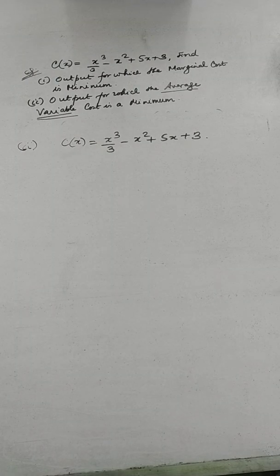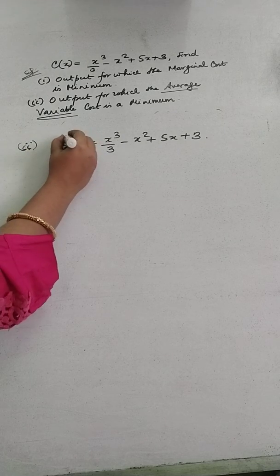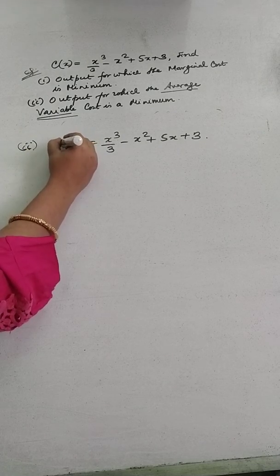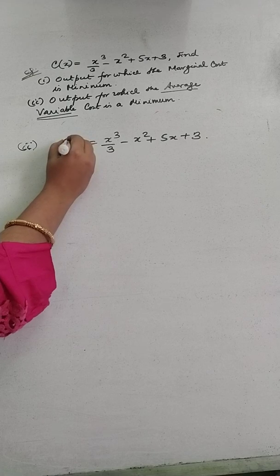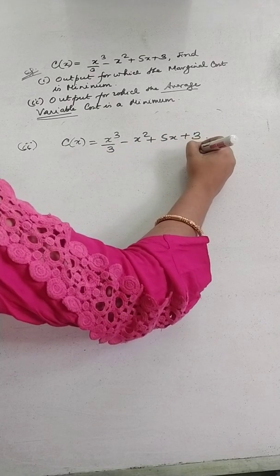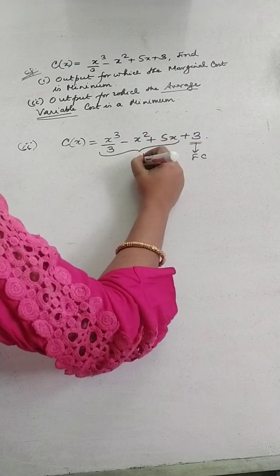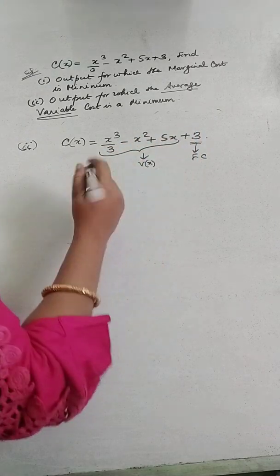The cost function that is given is C(x) is equal to x cubed by 3 minus x squared plus 5x plus 3. From this, we know C(x) is V(x) plus F. So this is actually a fixed cost, and this part involving the variable x is your variable cost.